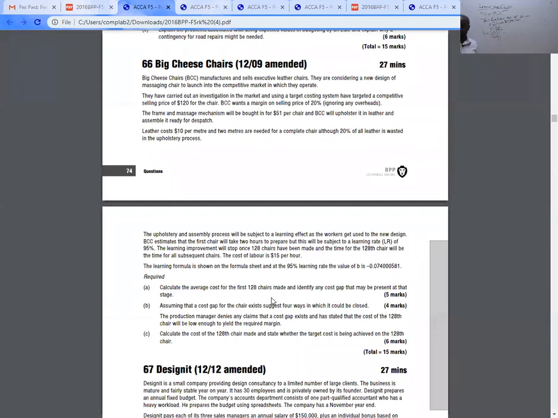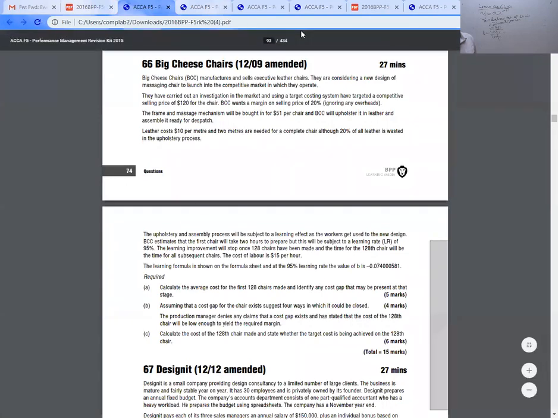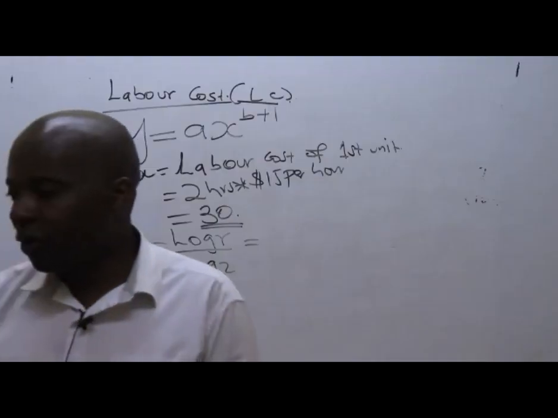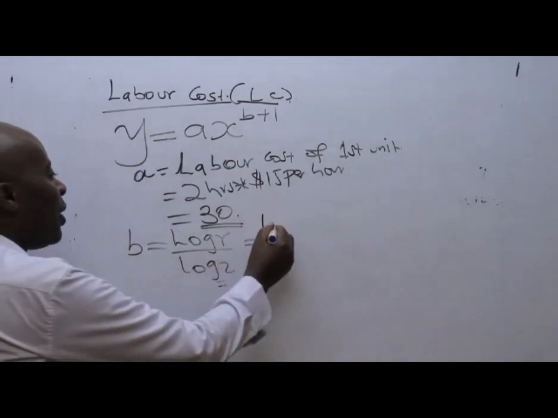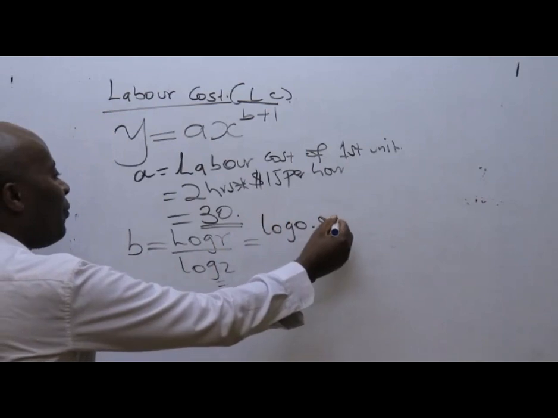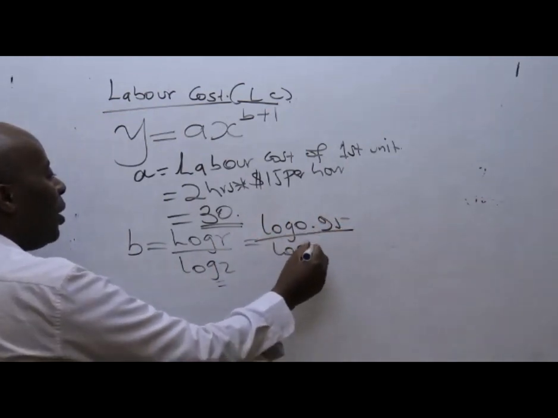Has this examiner given me the learning rate? Oh, yes, he has given me the learning rate here. He's told me it's 95%. So we have log of 0.95 all over log 2.